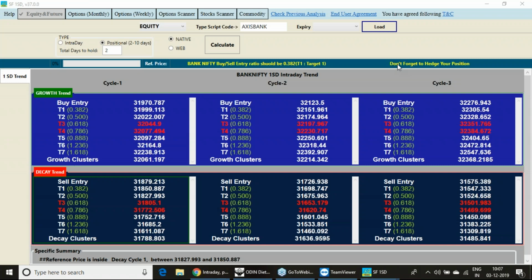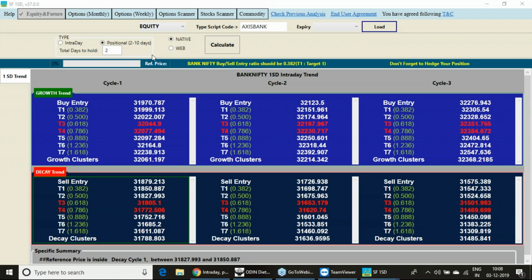There is no rule in that. You can analyze at 11 o'clock, 12 o'clock, 5 o'clock. When you analyze today, you must enter the trade today itself if that level gives you a breakout. Or if you analyze post market hour, you can enter next day if you get that level.